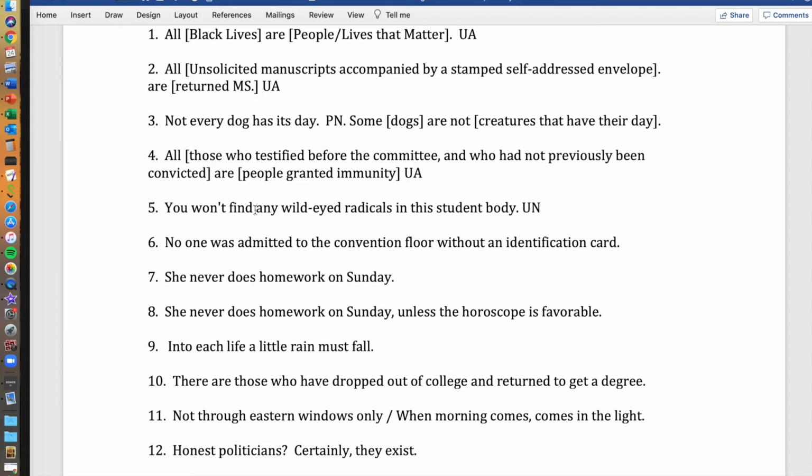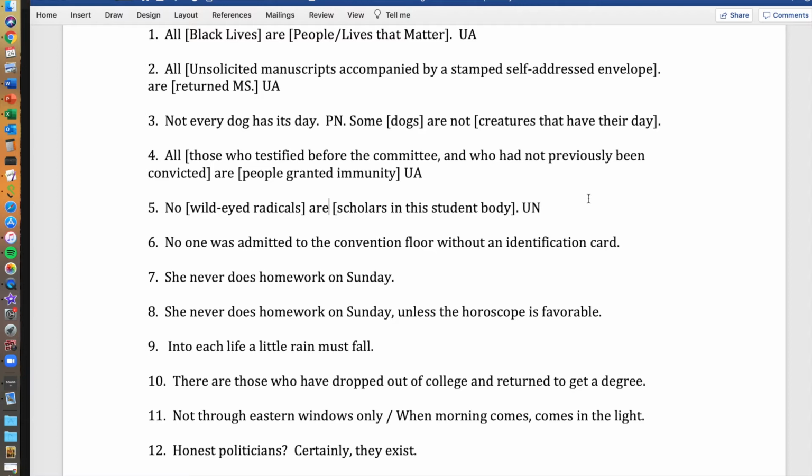We would have wild-eyed radicals as the subject term, and why don't we call them scholars in this student body, or members of the student body, right? Then we just have to replace the natural language with the standard logical form. No wild-eyed radicals are scholars or members of this student body. And then you have your universal negative.